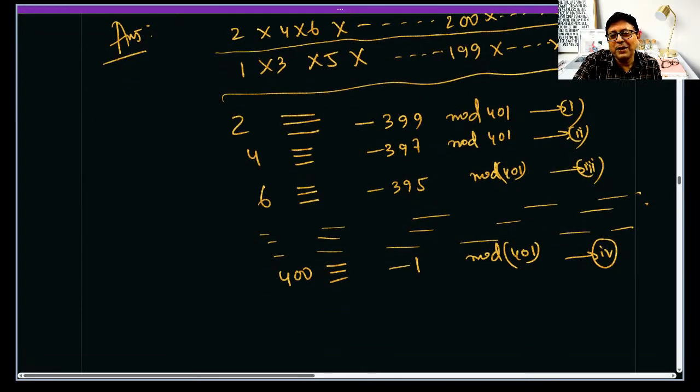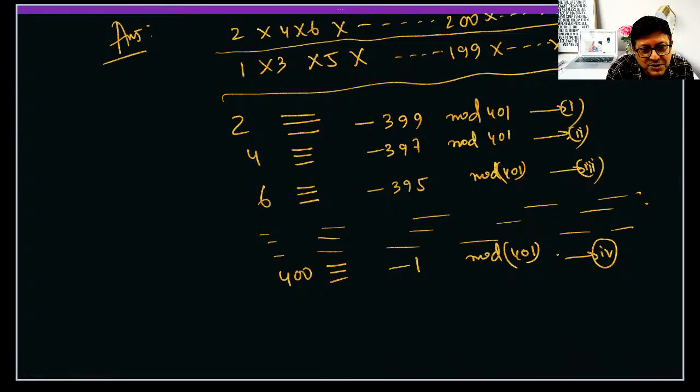Now all these can be multiplied, isn't it? But right side there are negative signs. How many negative signs on multiplication? 1, 2, 3, 4 this way, 200 negative signs, minus signs.